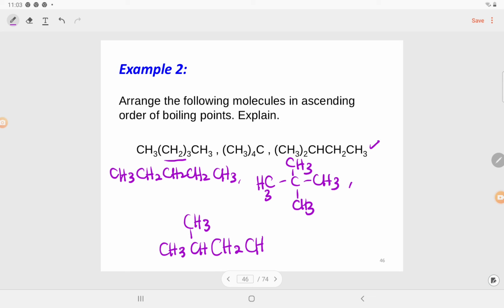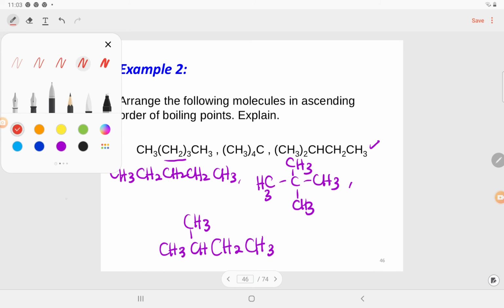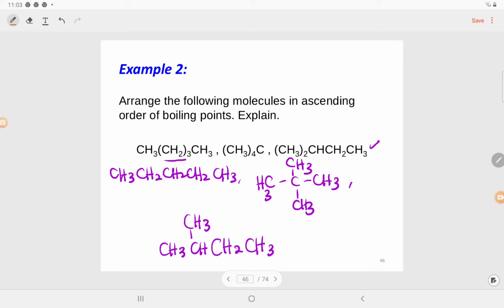After you redraw the structure in specific form, you must find out the next step, the number of carbon atoms. Compare it first. So compound A consists of 1, 2, 3, 4, 5 carbon atoms, and compound B also consists of 5 carbon atoms, and compound C also consists of 5 carbon atoms.